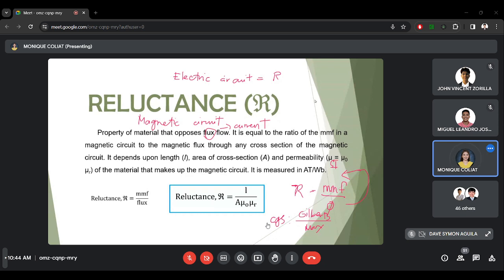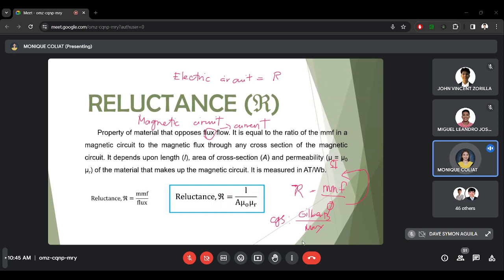Flux flow. So in electric circuit, ano yung nagfo-flow doon? Di ba current? In an electric circuit, ang nagfo-flow ay current. Ano yung nag-o-oppose ng current flow? Di ba resistance? So here, in magnetic circuit, yung nagfo-flow dito is flux, or phi.